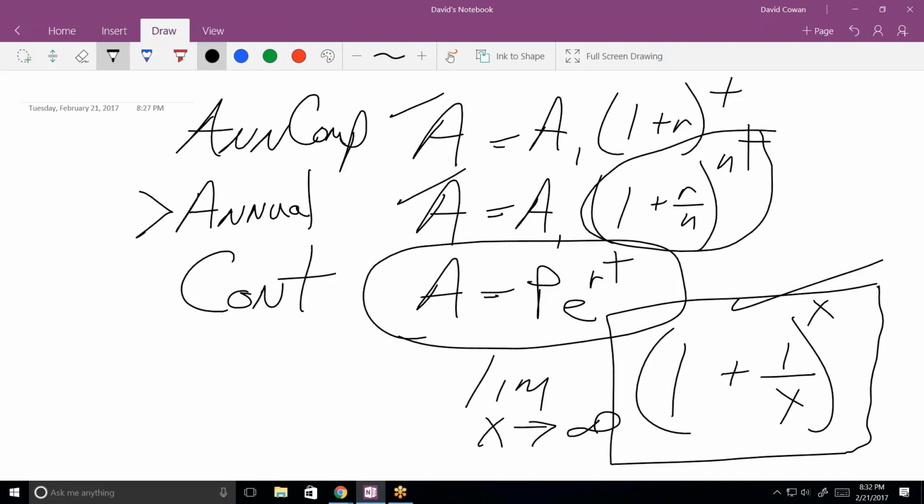In other words, as n approaches infinity, this whole thing in the middle here approaches the definition of E, right? It's 1 plus some number over infinity to the infinite power. Well, that's what the definition of E is, and that's why E replaces that when you have continuous compounding.